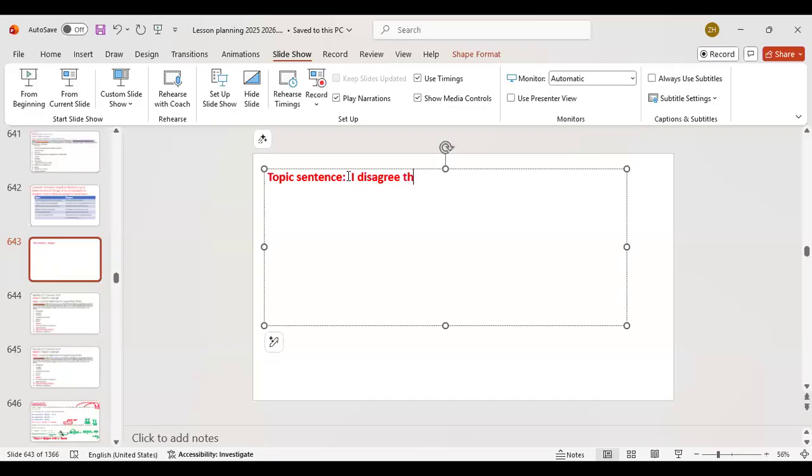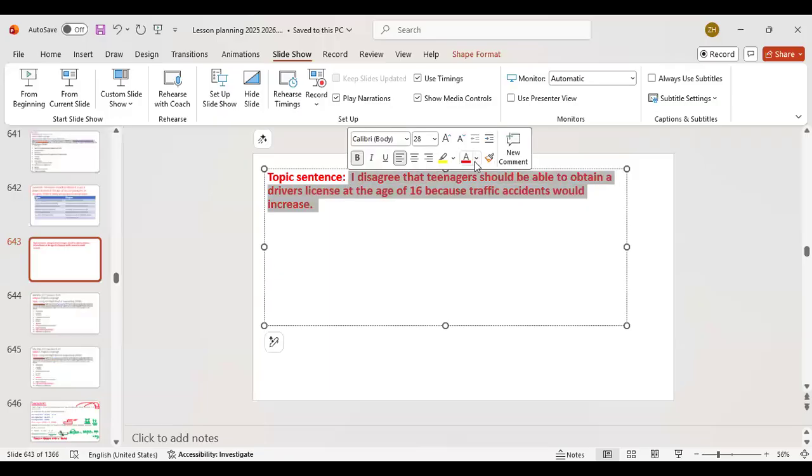This is my topic sentence: teenagers should not be able to obtain a driver's license at the age of 16 because traffic accidents would increase. So now let me ask the question. What is my topic sentence?